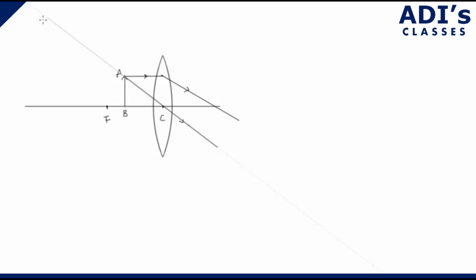Now, since the object is between the center of the lens and the principal focus, it forms a virtual image. One ray of light will go like this if we extend, and another ray of light, if you trace it back, will pass like this. We might have to extend this ray a little bit.